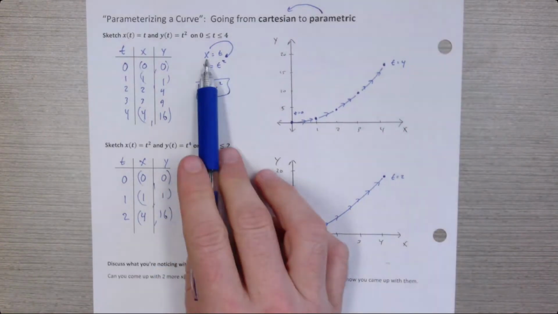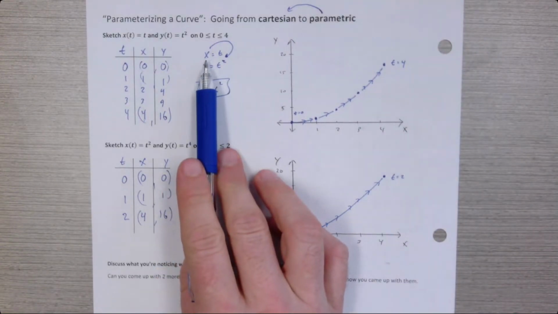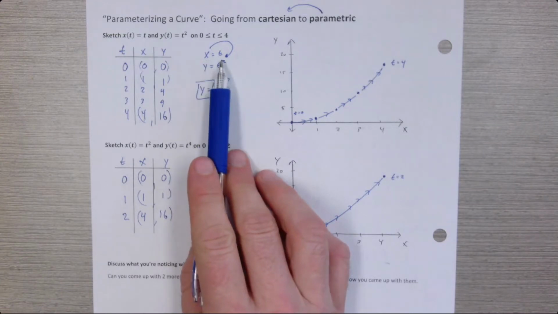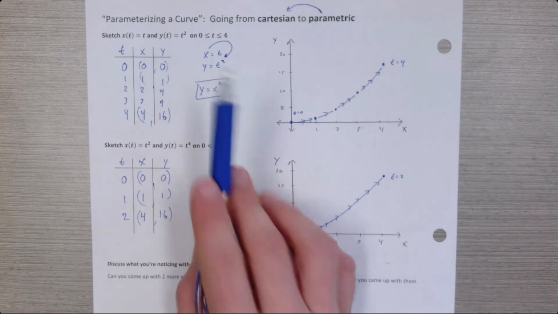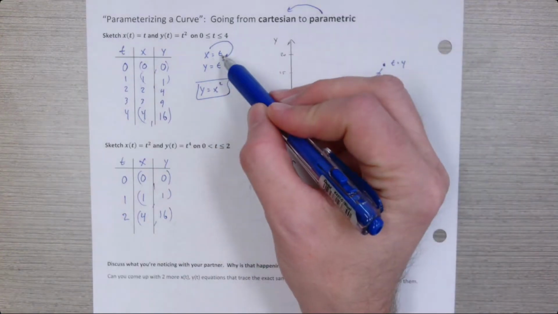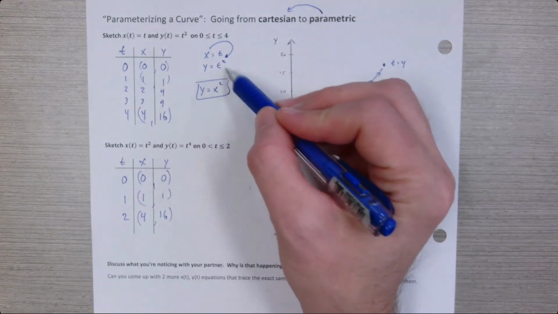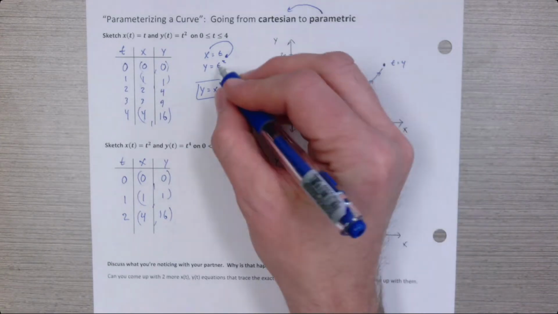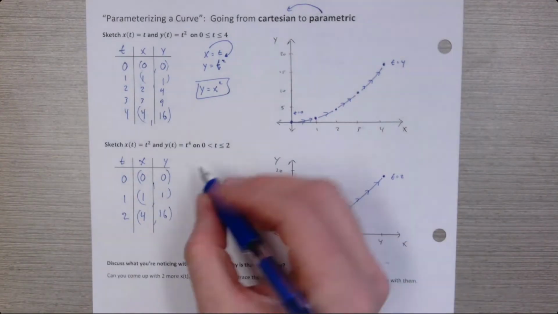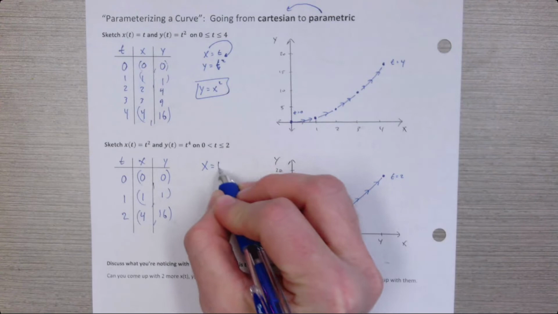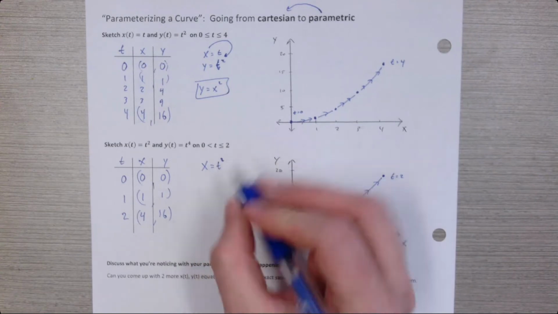All right, so here we had that the x variable is just t. And the y variable is t squared. So I can substitute in, because x is just the same as t, I'll substitute x in for t, and y equals t squared has become y equals x squared. What about this one? So here I've got x equals t squared.